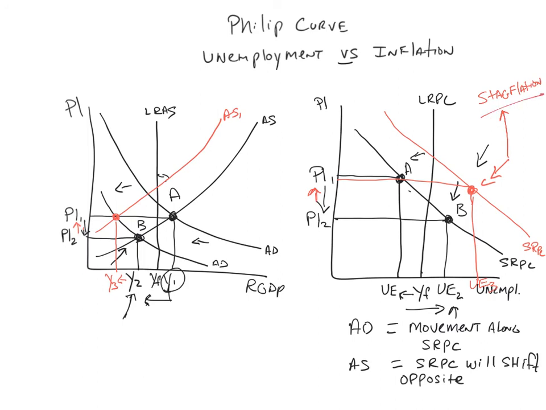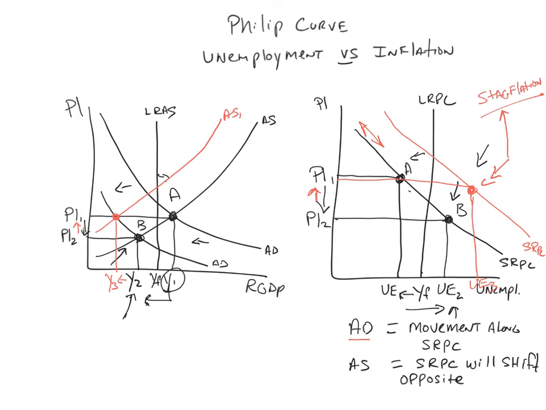Okay, that's really it. Just know that if aggregate demand shifts to the right or left, then we'll stay along the short run Phillips curve, and we'll move in the opposite direction along that. So we'll just dance along the short run Phillips curve, okay, from A to B. If there's aggregate demand movement, we will just move along this curve.